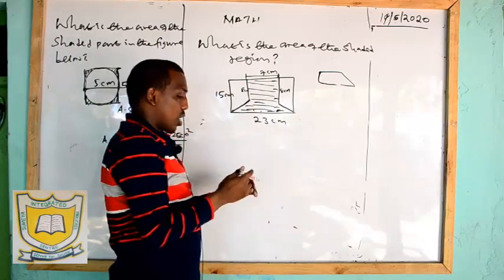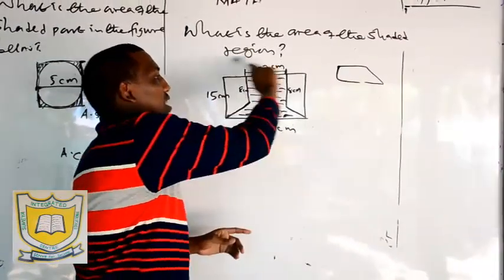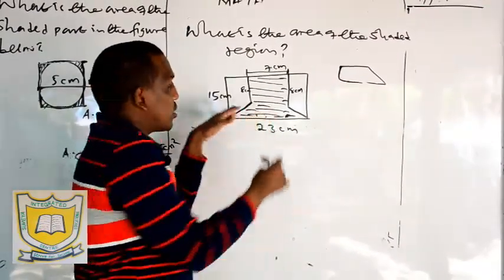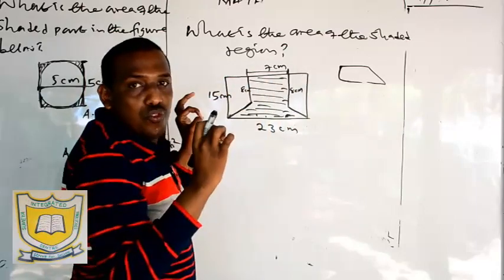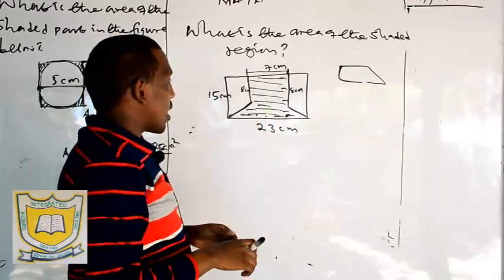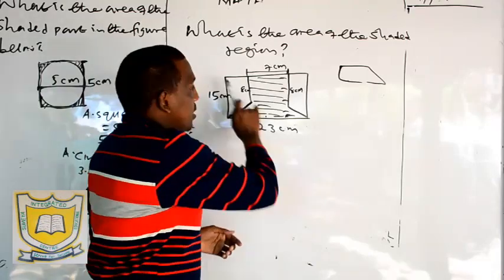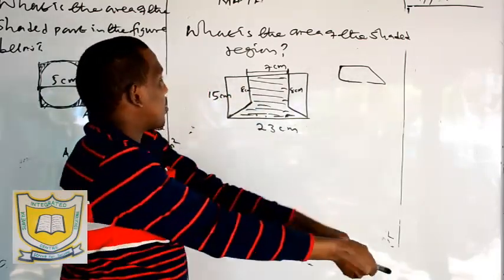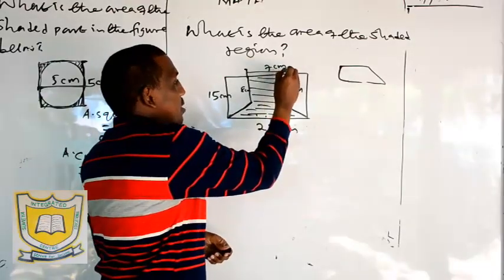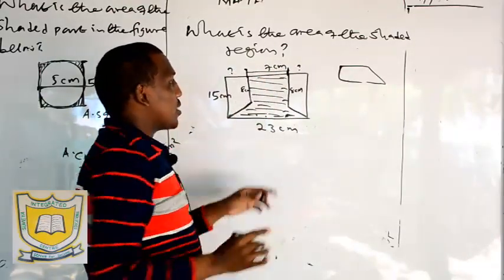So what we do, the way we did, you get the bigger one, the outer one, and the 2 inner ones, then you remove them to get the remaining part. From here to this line is 23, this line must be 23. But you are told from here to here it's 7. We can get these parts by subtraction.